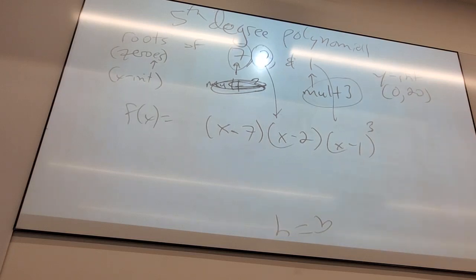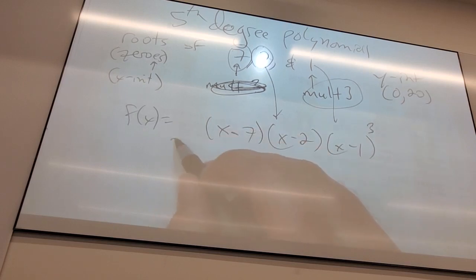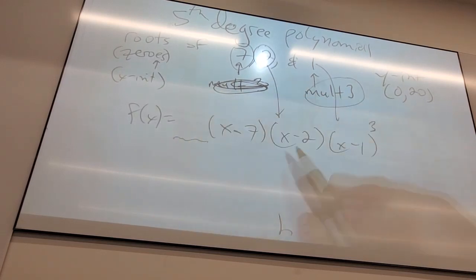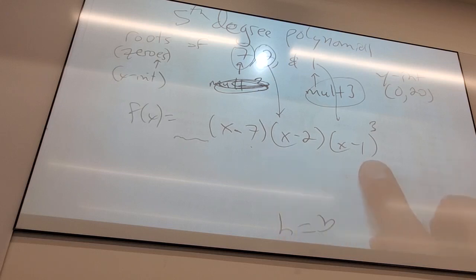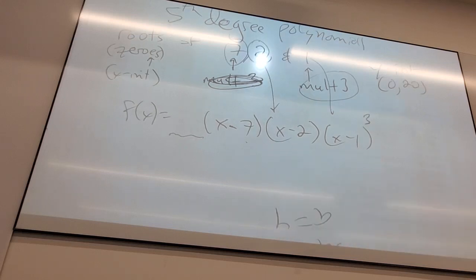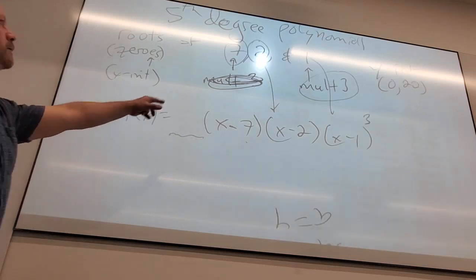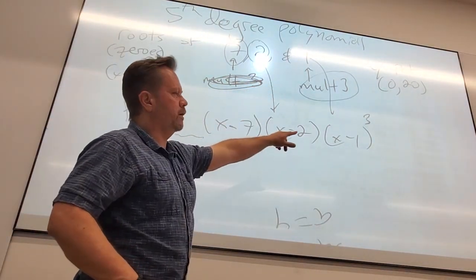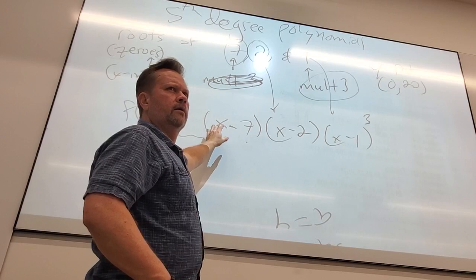Now, I left a little room here. I should have warned you. At the moment, what would the y-intercept of this be, from what I've written so far? I'm supposed to have a y-intercept of (0, 20), right? What y-intercept do I currently have?